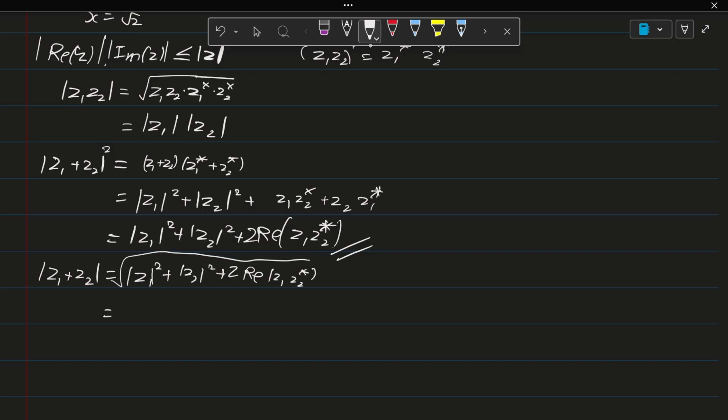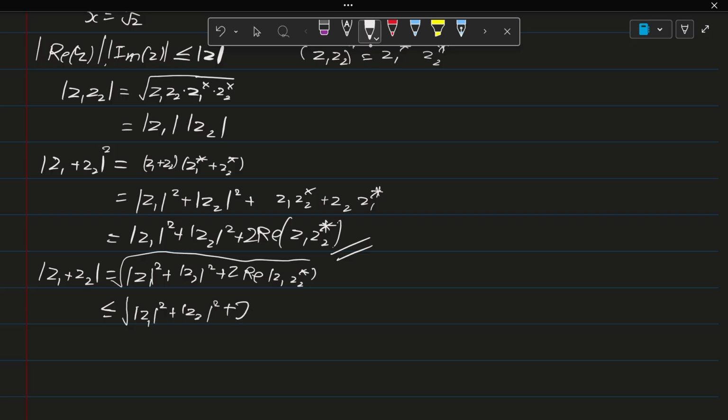Now, here's a very interesting trick: if you know that the real part will always be less than or equal to the length of the complex number, we could rewrite this as the square root of the length of z1 squared plus the length of z2 squared.